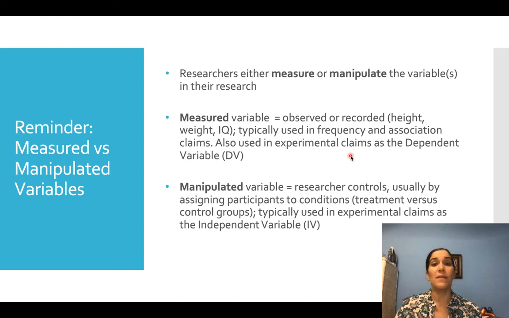The outcome. This is in contrast to a manipulated variable. A manipulated variable typically exists only in experimental claims, and this is where the researcher somehow controls or modifies a variable to see its effect on something else.